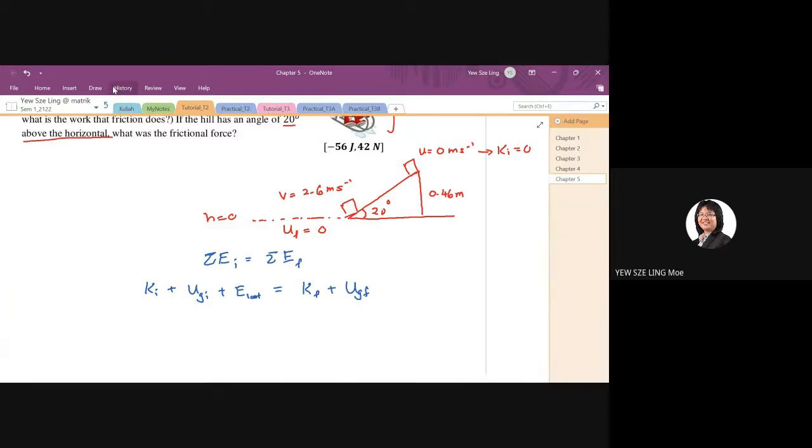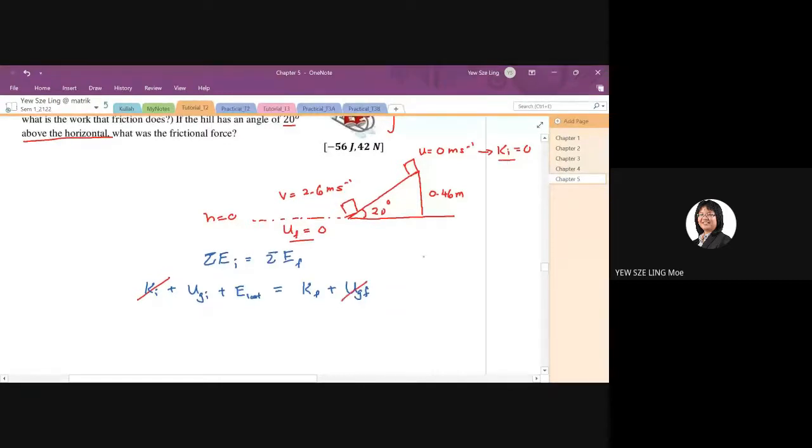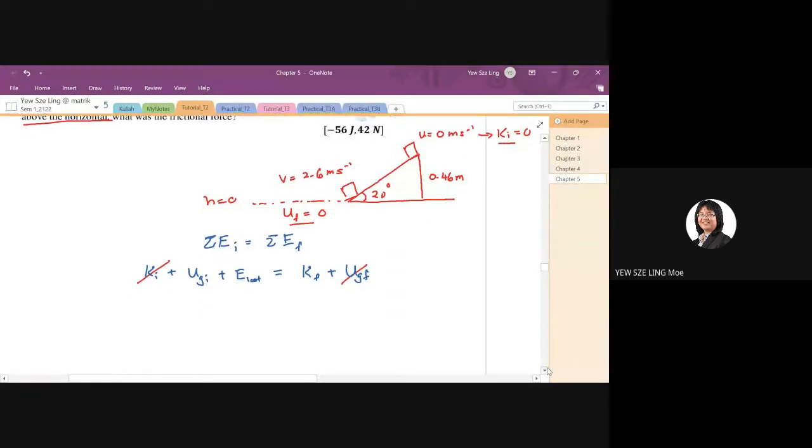Now I'm going to simplify my equation based on the diagram. According to the diagram, my K initial is 0, so I cross it out, and U final is 0, so I cross it out. This is the remaining part of the equation. Then I expand it.